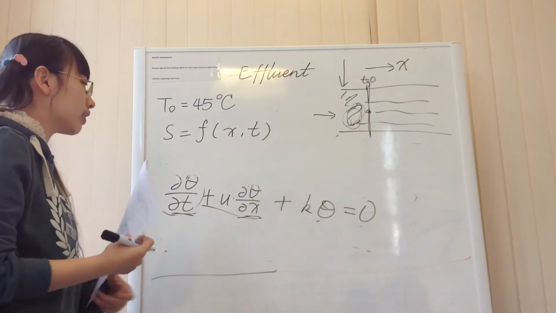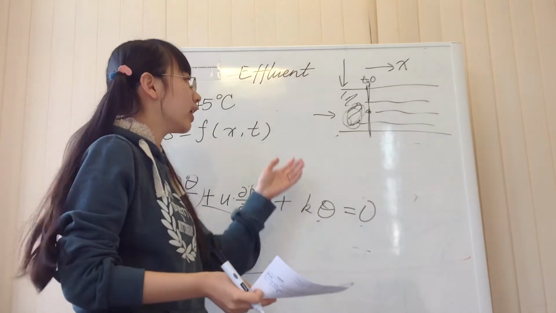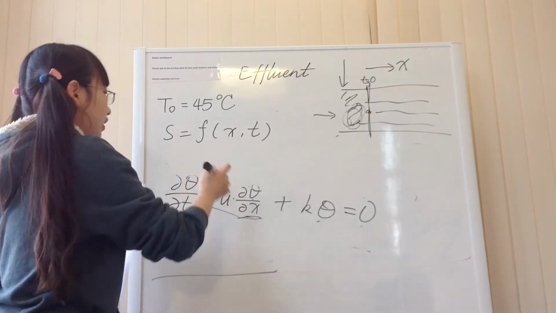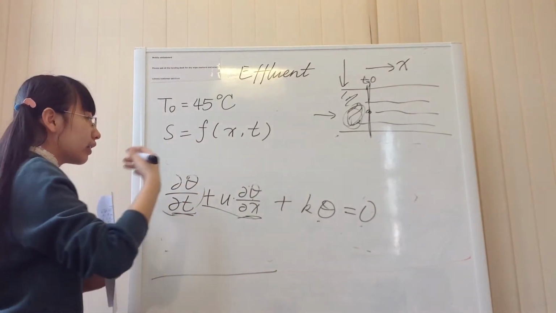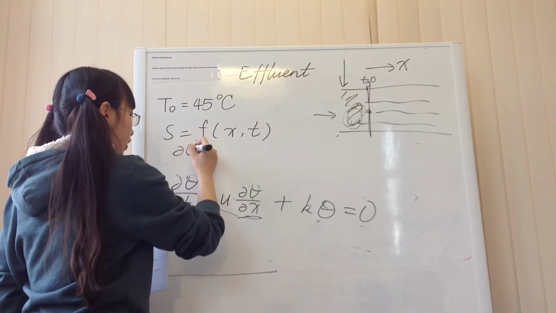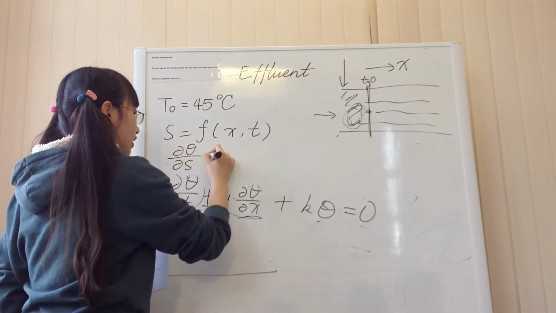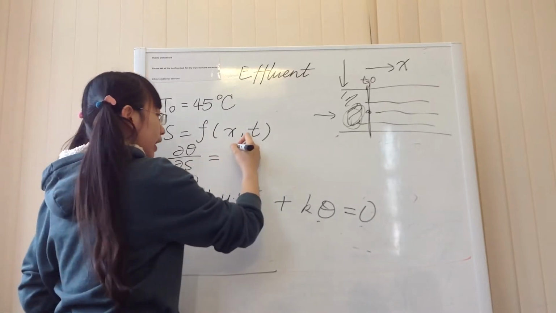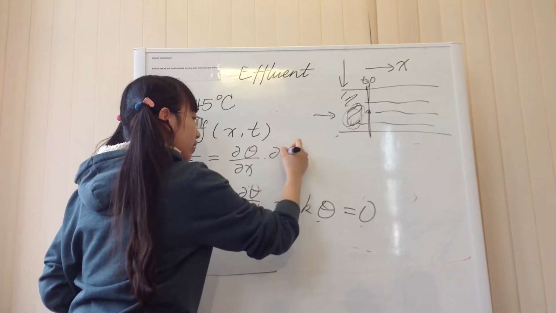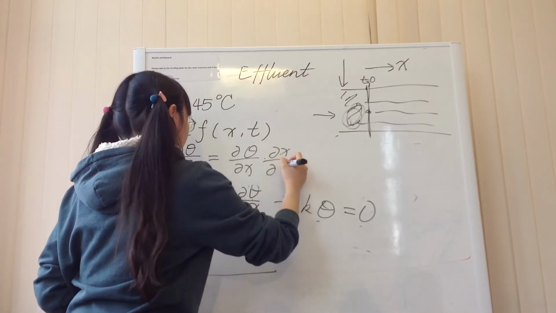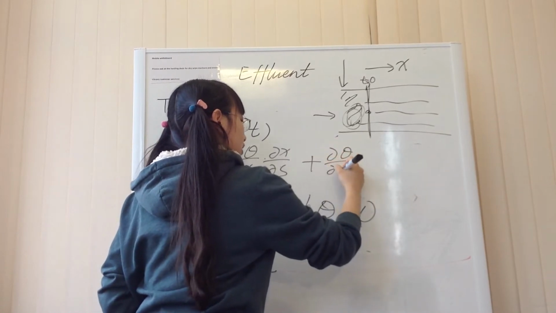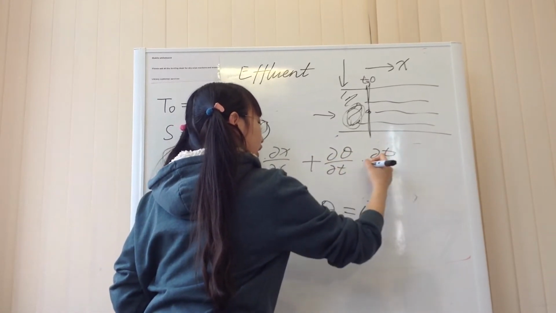So we have s, where s is also a function of x and t. So f is something similar to your reference temperature difference. It also changes with time and distance as you go through. And because f is what we define, we can define it, and so partial theta over partial s, because s is a function of x and t, is partial theta over partial x times partial x over partial s plus partial theta over partial t times partial t over partial s.